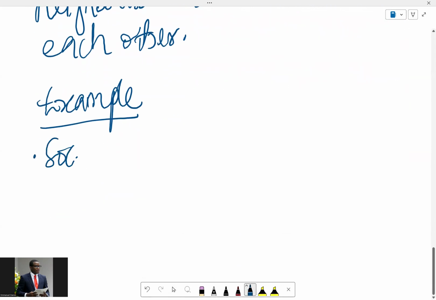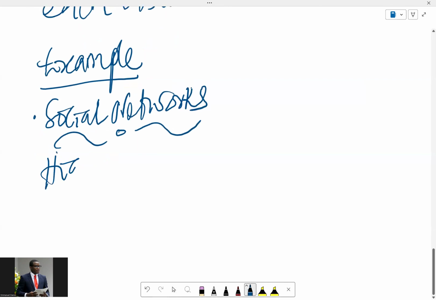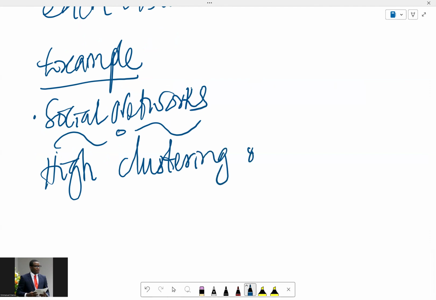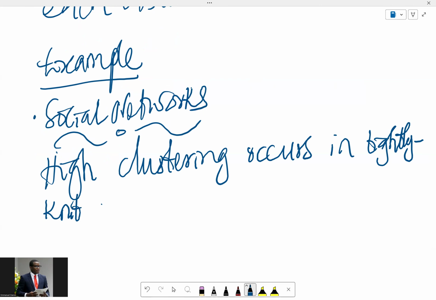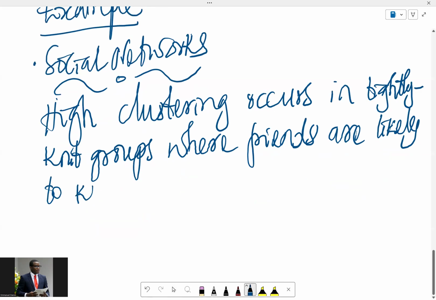So let's see for social networks. High clustering occurs in tightly knit groups where friends are likely to know each other.